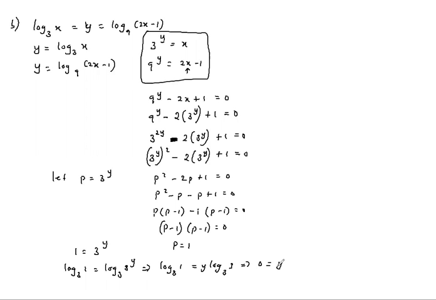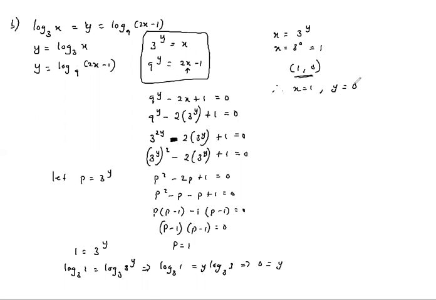So y is 0. When y is 0, what is x? We have x is equal to 3 to the power y, so when y is 0, x is going to be 1. So we have (1, 0). In other words, x is 1 and y is 0.